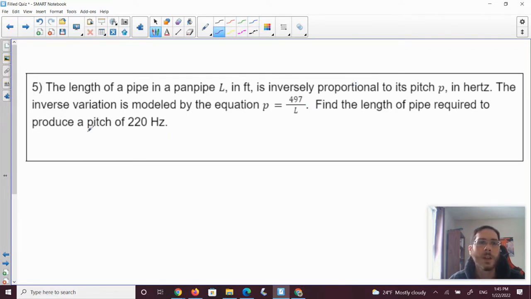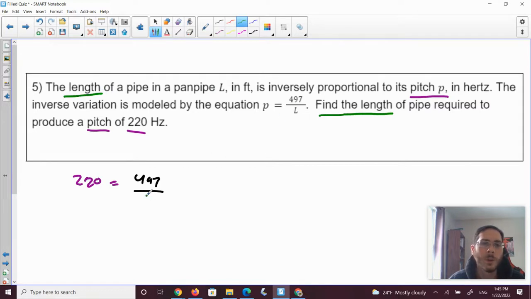So we can see here that our pitch is going to be 220 hertz, and our pitch is P. So we know we're going to plug the 220 in for P. So 220 equals 497 over L. Let's see, L is the length, and it says find the length. So we have to find L. So we don't know what L is. I'm going to leave that as L. So it looks like everything's in place.